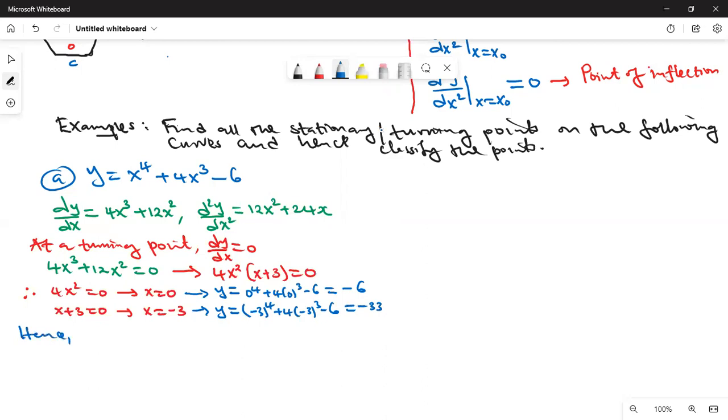Hence, our critical points are (0, negative 6) and (negative 3, negative 33). So those are the critical points, or the turning points, or the stationary points. Now we need to classify those points. So you can write classification.